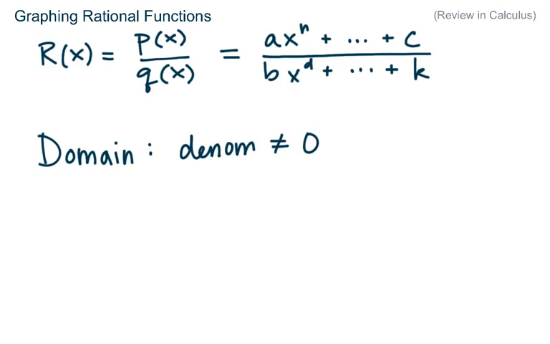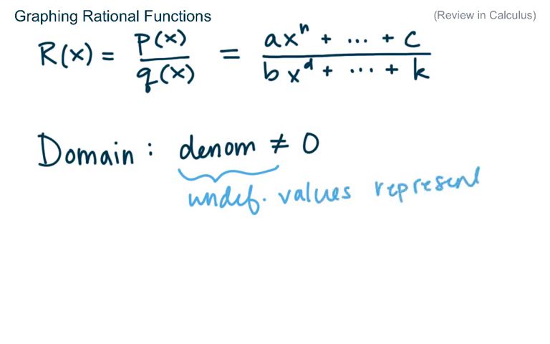When we think about our vertical asymptotes and our hole, those are going to be coming from those undefined values that we need to leave out of the domain. So whatever these undefined values are, they represent either a hole or a vertical asymptote.